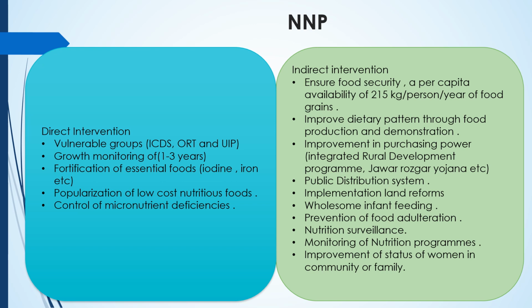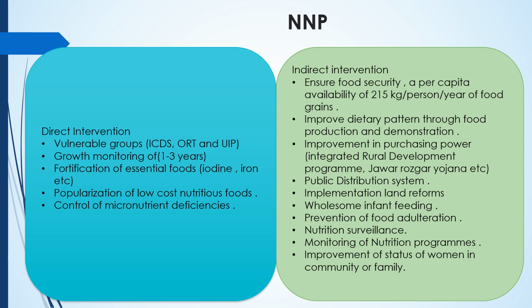As an indirect intervention, to address malnutrition indirectly, one needs to get the food. So ensuring food security will always be a top priority of any country for its population.